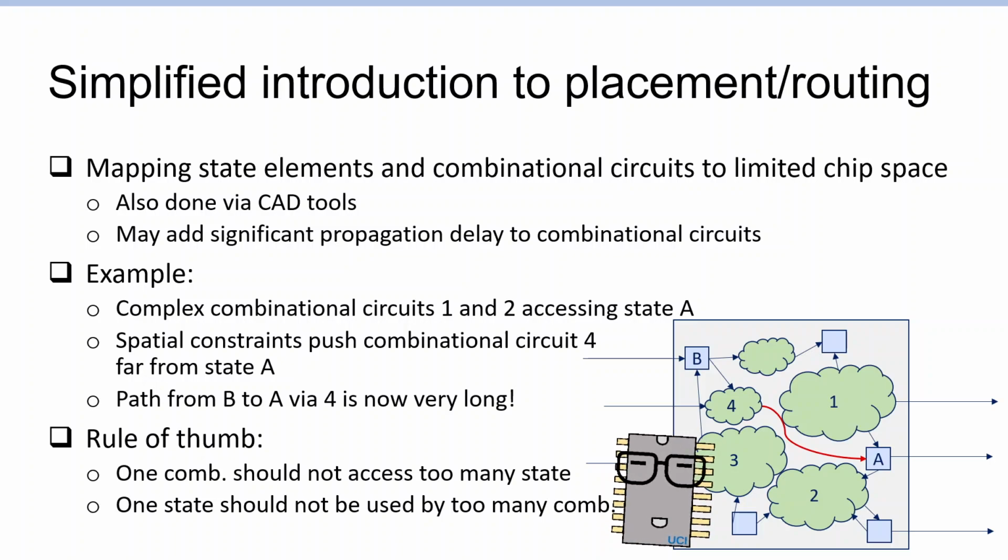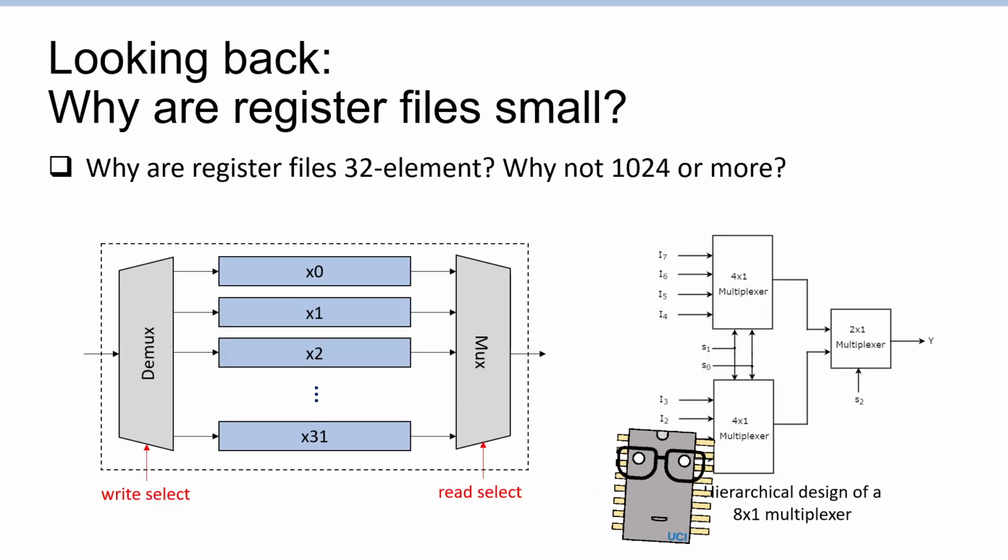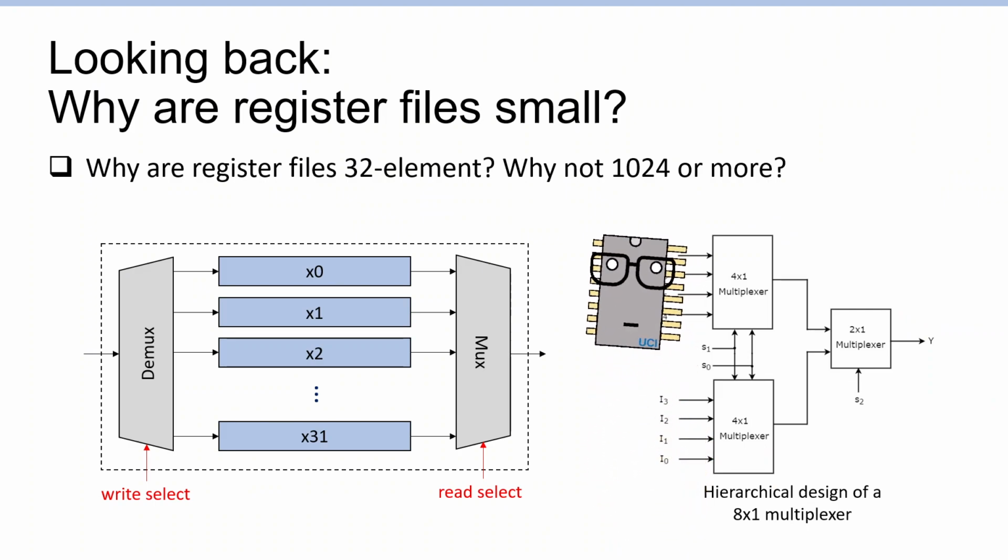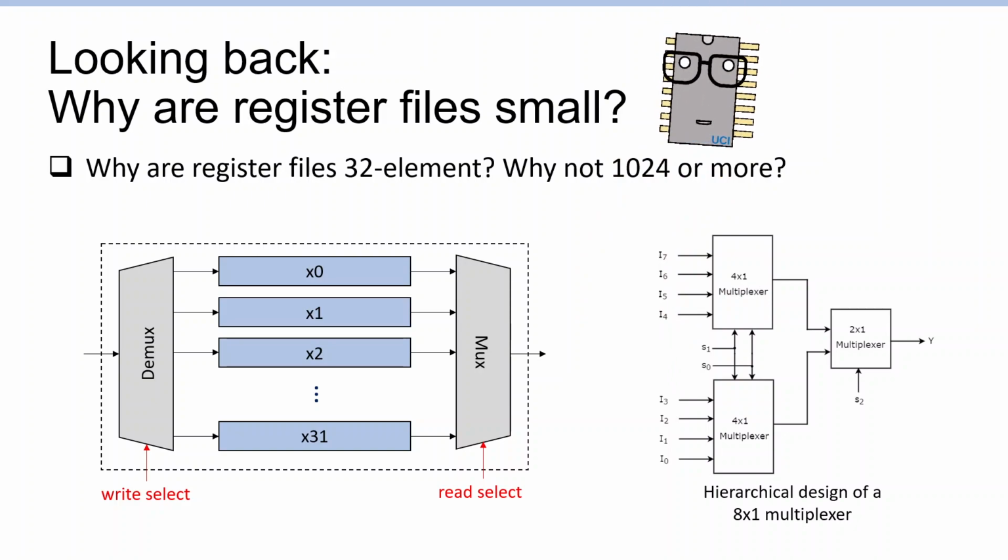So given this newly added knowledge on the timing constraints of combinational and sequential circuits, maybe we can look back to one of the previous questions that was posed in the earlier parts of the class. For example, why are register files small? In RISC-V, we have register files which are 32 elements, so 32 slots large. One of the questions is why is this 32? Why not larger?